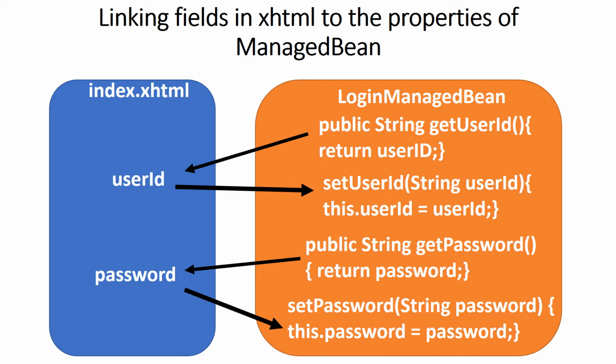This diagram shows how the fields of the xhtml are linked to the managed bean's properties. You can see that the value of the field userID in the xhtml is got from the property userID of the managed bean using the method getUserID. You can see that the value of the userID field in index.xhtml is passed to the property userID in the login managed bean using the method setUserID.